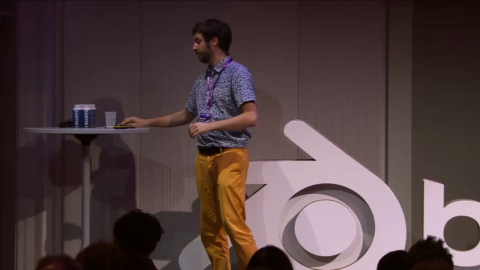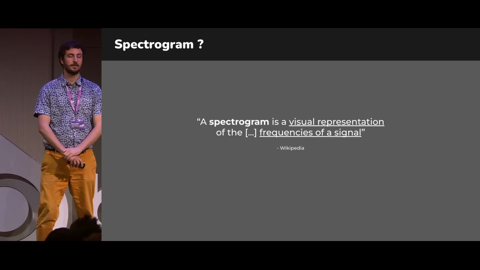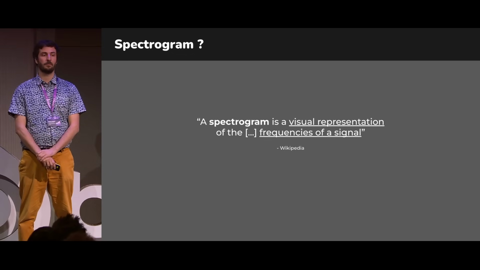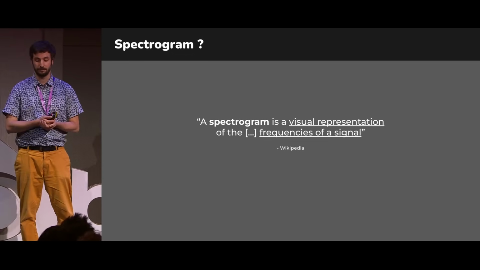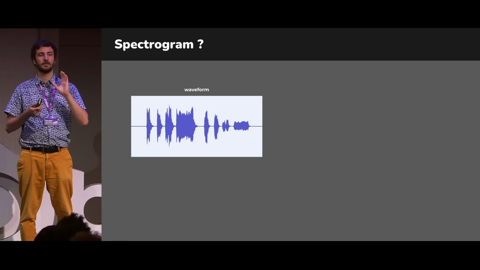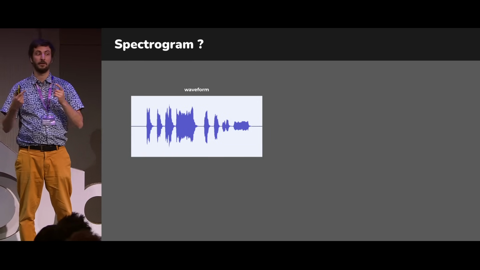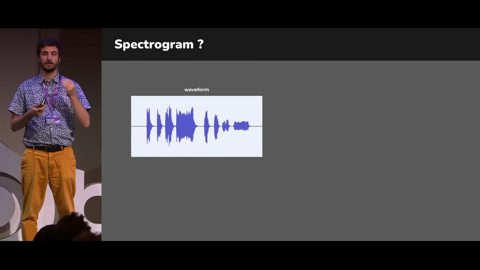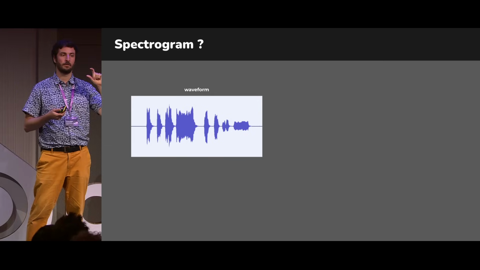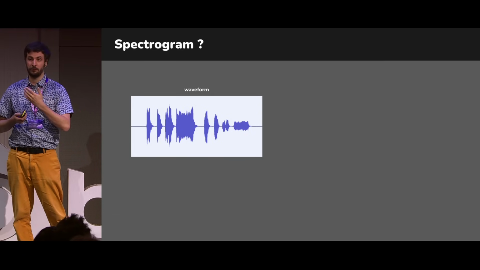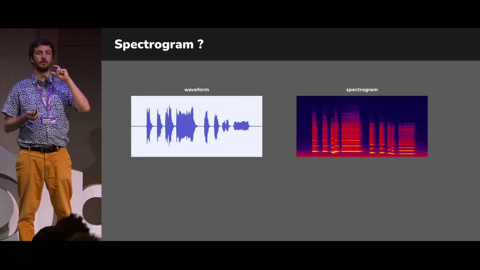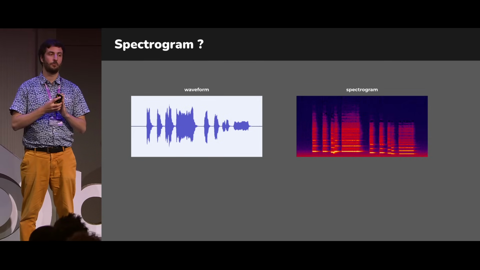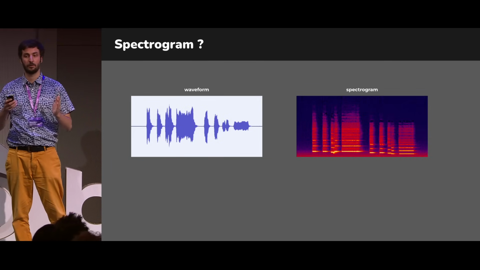And the visual representation of it is, Wikipedia says that the spectrogram is the visual representation of the frequencies of the signal. This is one way to represent the signal I've just played. It represents the amplitude of the signal over time. It's called a waveform. But this is not what I use. I use a spectrogram, which represents the amplitude of the range of all the frequencies that compose the signal.